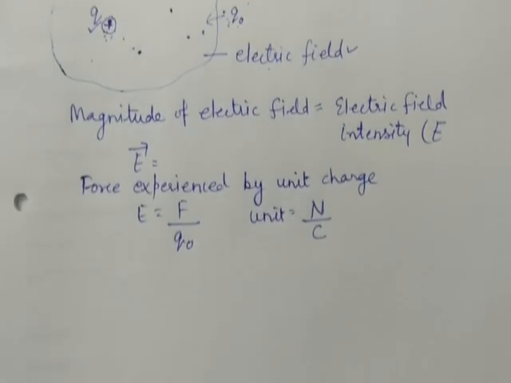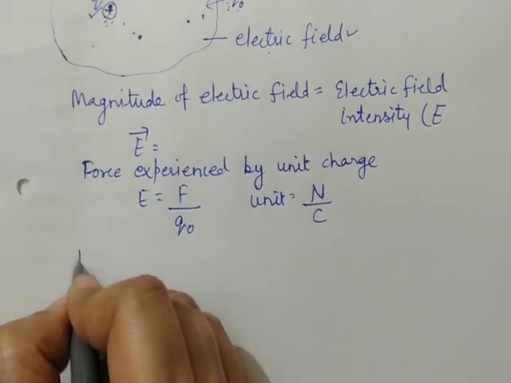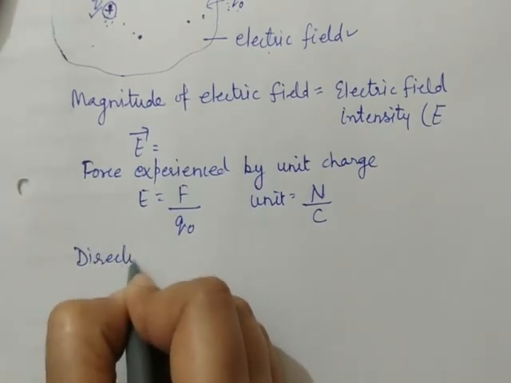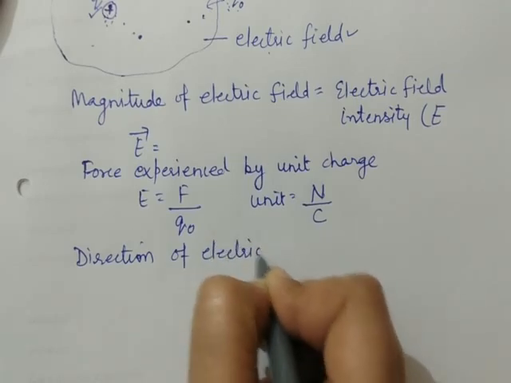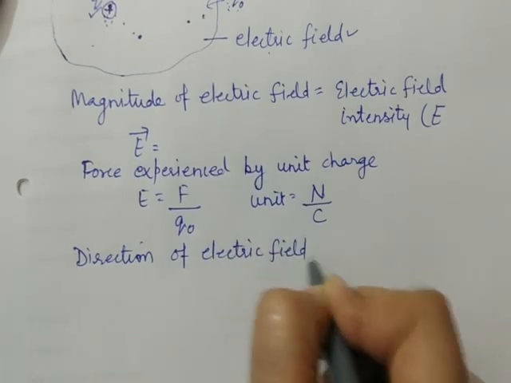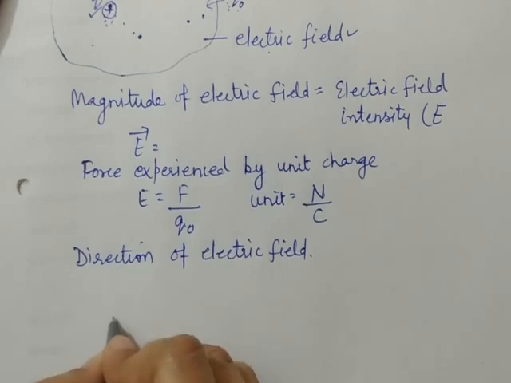As we are saying that electric field is a vector quantity, the direction of electric field is given by this rule.